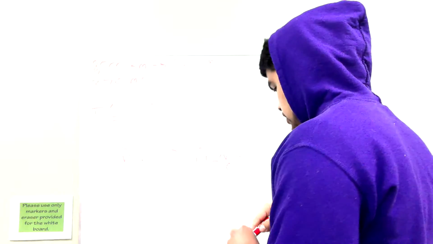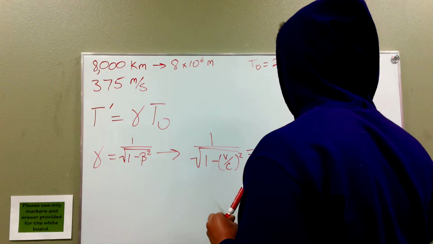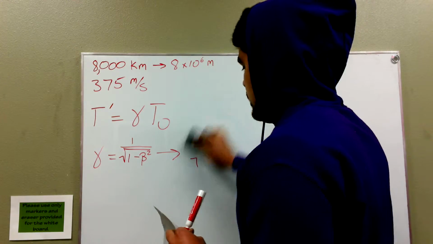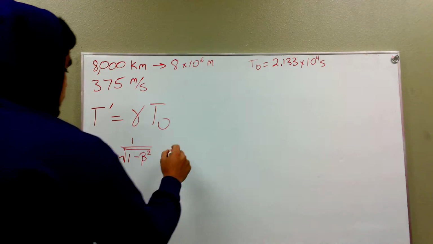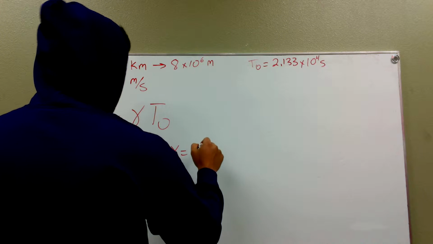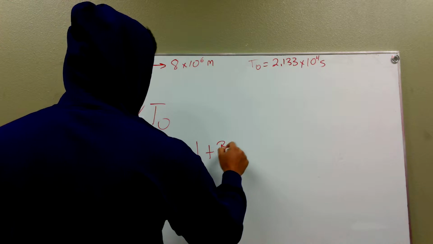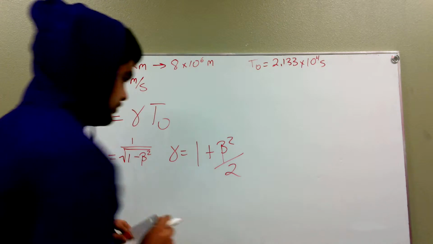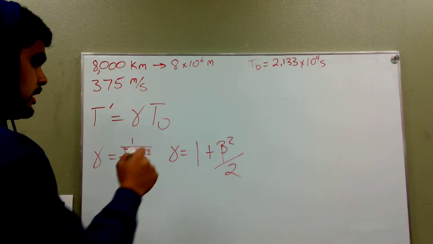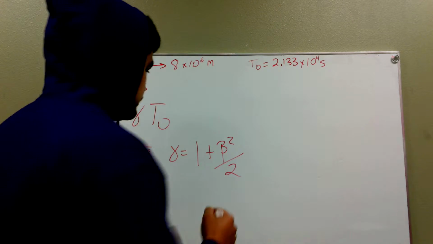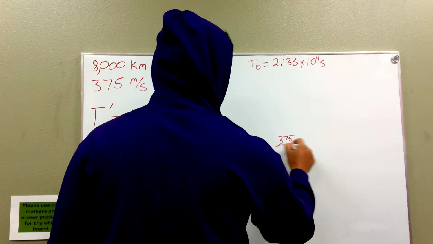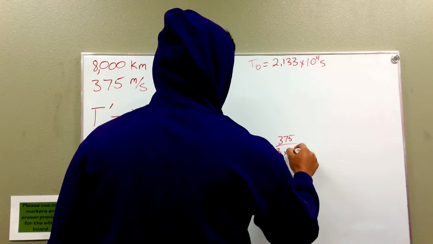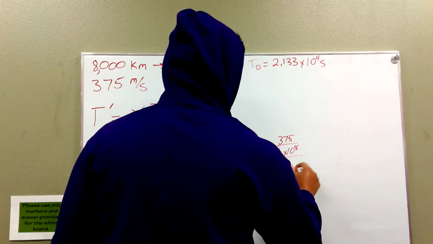So, what we have to do here is plug in our expansion, and our expansion comes out to gamma equaling 1 plus beta squared over 2. And so again, beta is just V over C. So this is equal to 1 plus 375 over 3 times 10 to the 8th, squared, and that is over 2.